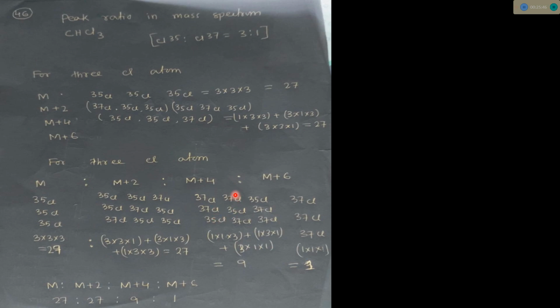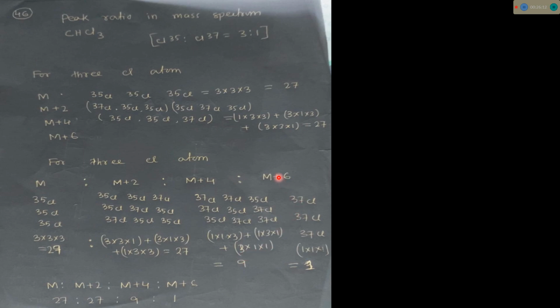Second combination: first and third chlorine 37, second chlorine 35. Third combination: first chlorine 35, second and third chlorine 37. So we get the M plus 4 peak, and if we calculate the ratio, for 37 it is 1 into 1, for 35 it is 3, so 1 into 1 into 3, meaning 3 plus 3 plus 3, which is 9.